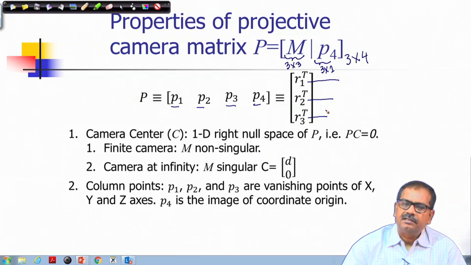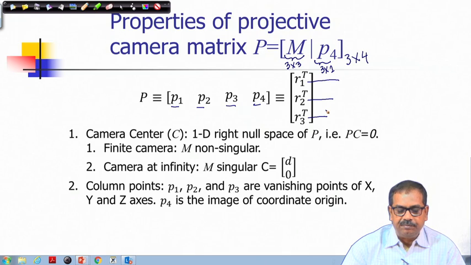The camera center can be obtained, as we also discussed in the previous lecture, because the camera center has the property of being the right zero vector of the projection matrix. There is a singularity at the camera center in the projection.